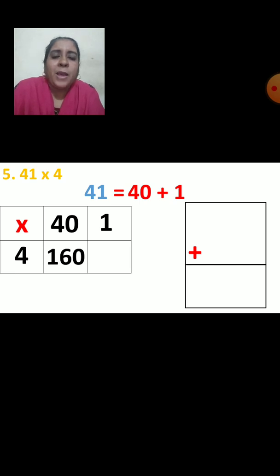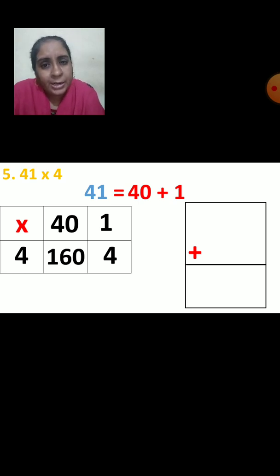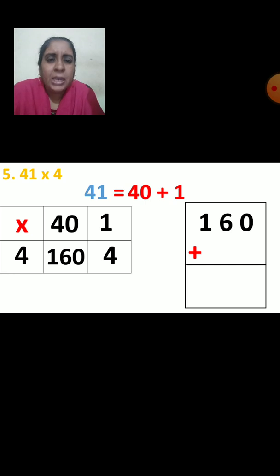Now you have to multiply 1 with 4. 1 fours are 4. Right? Now you can write 160 and 4 in the other column and add. 160 plus 4. What will be your answer? 0 plus 4? 4.